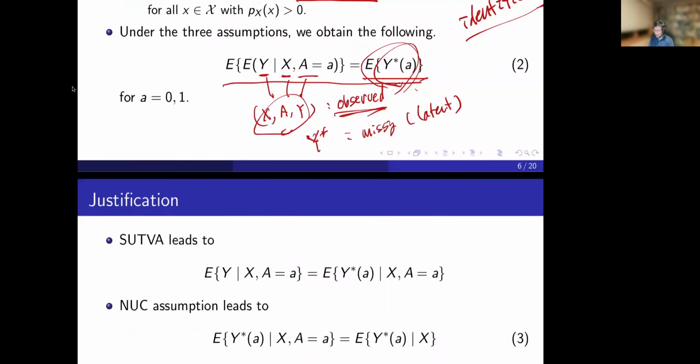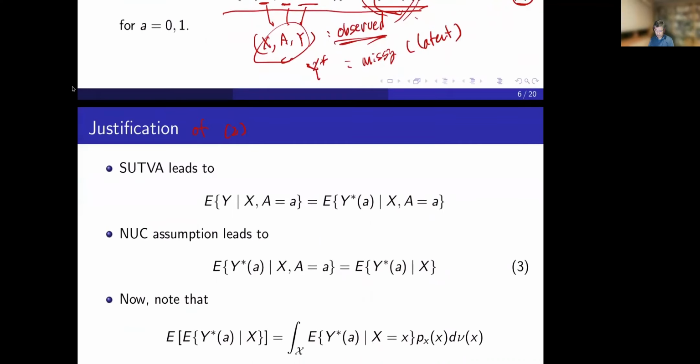So this is the justification of 2. SUTVA leads to this, because SUTVA says Y equals A times Y star 1 plus 1 minus A times Y star 0, right? Given A, which is either 1 or 0, if A equals 1, then you observe Y star 1.